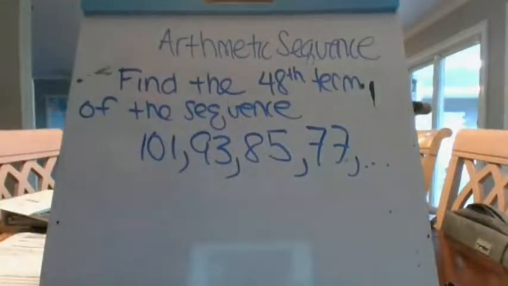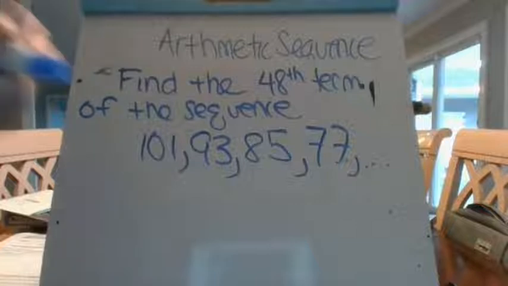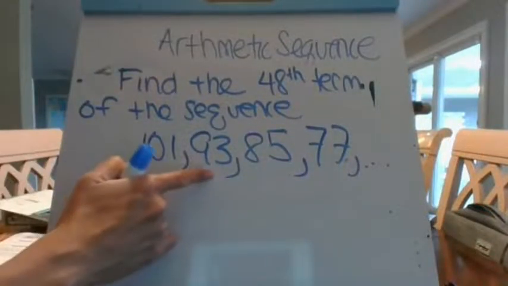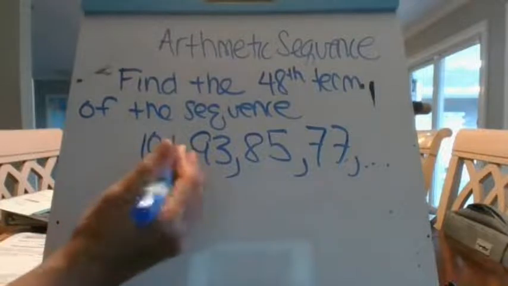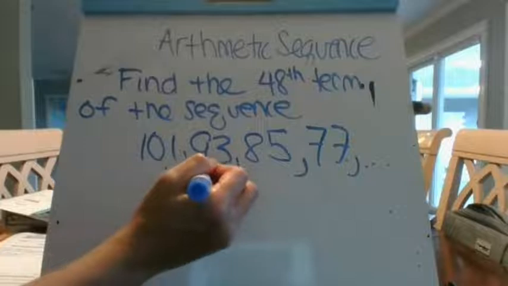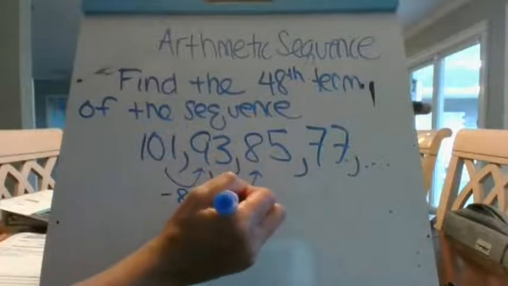All right, so here's another example of an arithmetic sequence. We're going to find the 48th term of the sequence, and it's given by this. All right, so first, I'm telling you this is arithmetic, but eventually when we see geometric, you have to be able to tell the difference between the two. So I know this is arithmetic because if I notice from 101 to 93, I'm going down by 8. And from 93 to 85, I'm going down by 8.